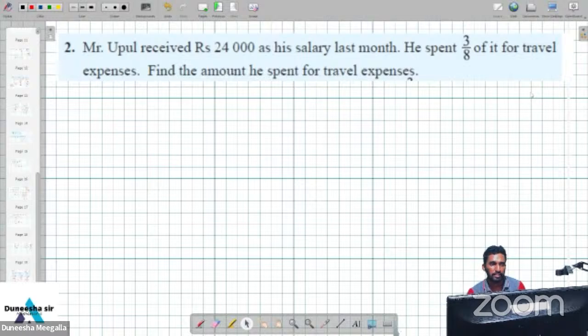Then second question, Mr. Upul received 24,000 as his salary last month. He spent 3/8 of it for travel expenses. Find the amount he spent for travel expenses. Can you find out?